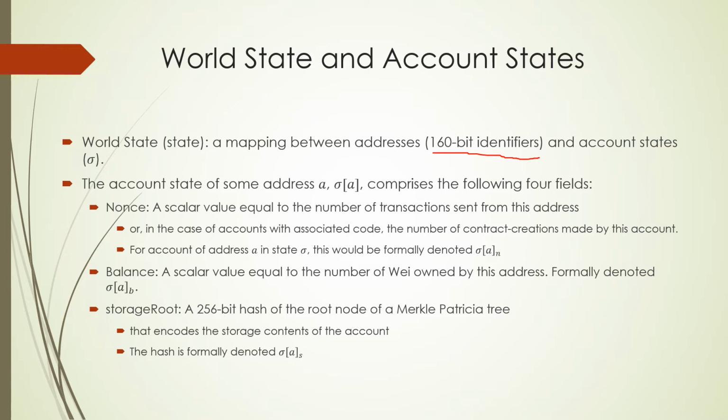And the world state, or sigma, basically maps an account's identifier into some state. So let's say if the account identifier or address is A, then the state represented by the world state for that address or for that account is going to be sigma A.